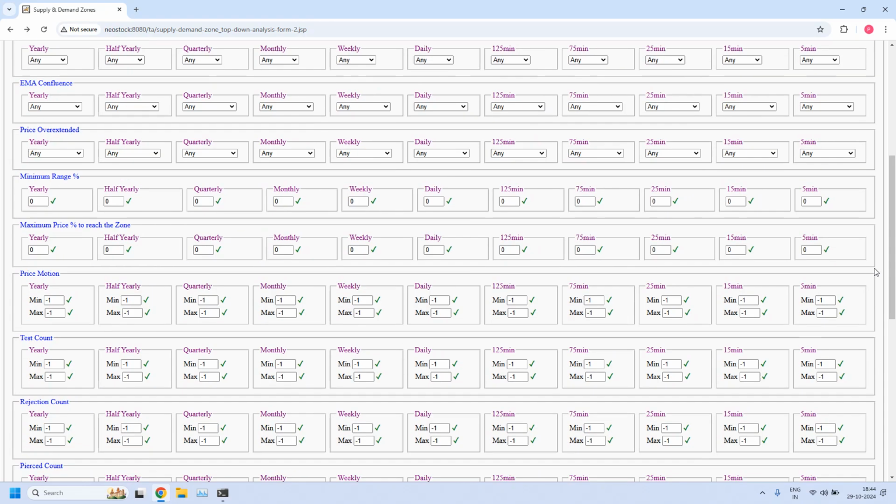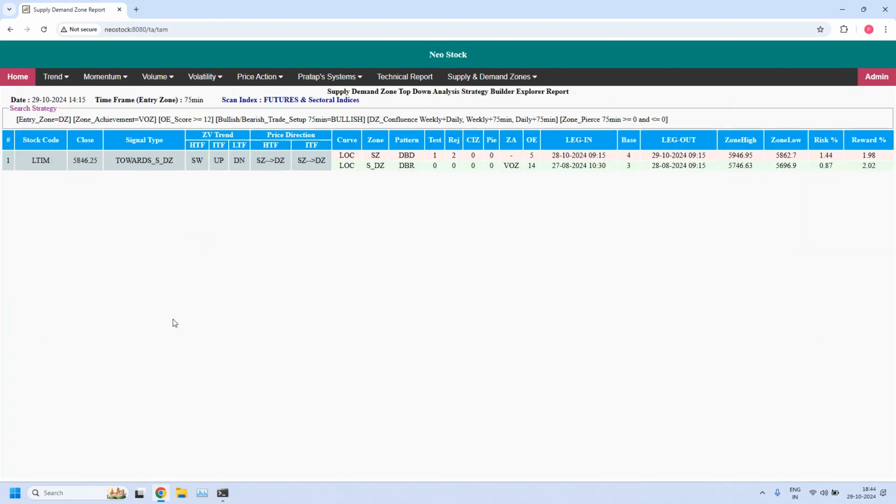All the 3 filters are enabled. Oh, this also has HTF confluence. That means this 75 minutes demand zone is part of the daily demand zone, both together again part of the weekly demand zone. No need to check weekly EMA confluence because the weekly trend is sideways.